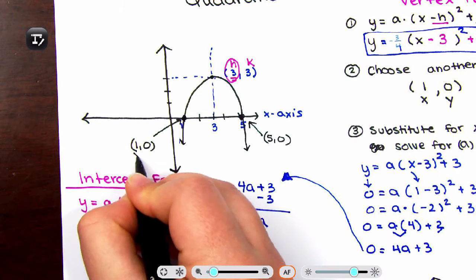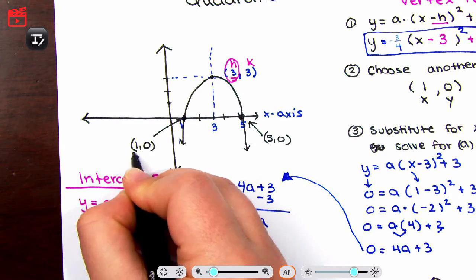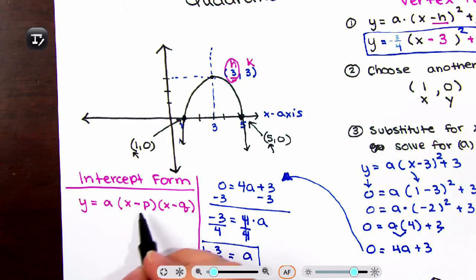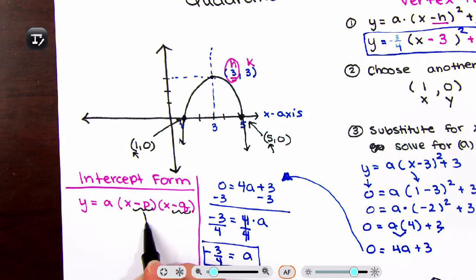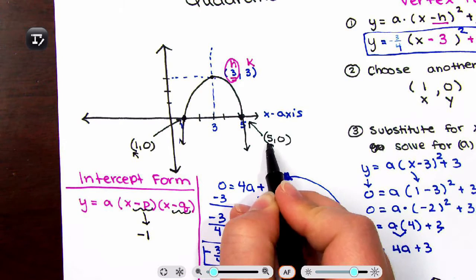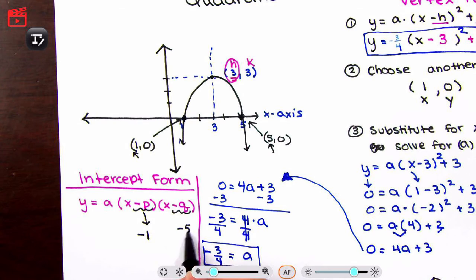So here are the zeros, the x values. So I'm going to replace p and q with the opposite of the numbers that I see. So if I see a 1, I'm going to write minus 1. If I see a 5, I'm going to write minus 5. So now I have my two bubbles.